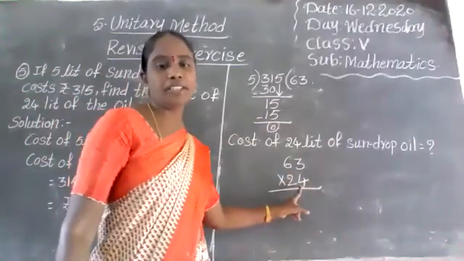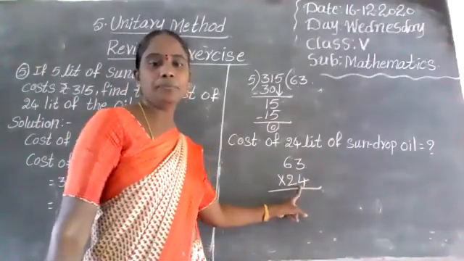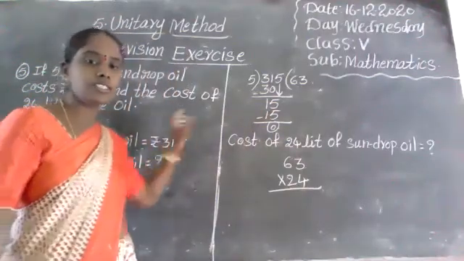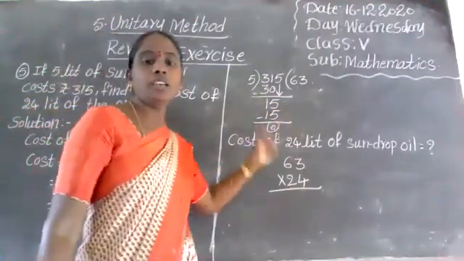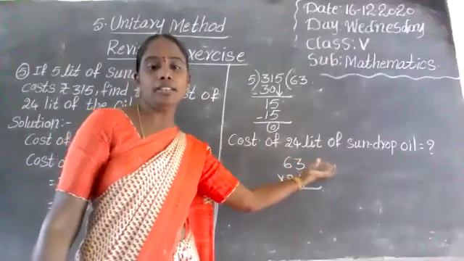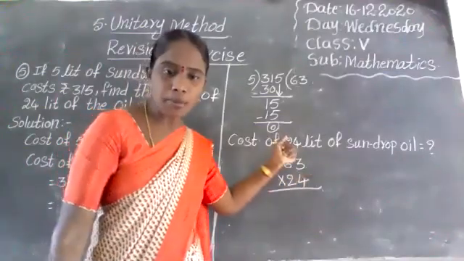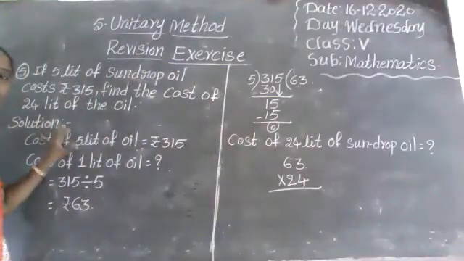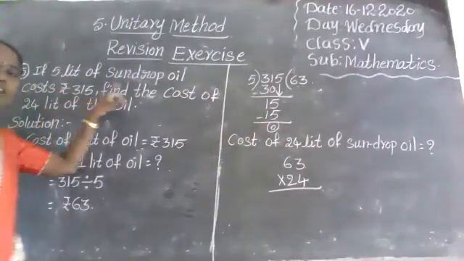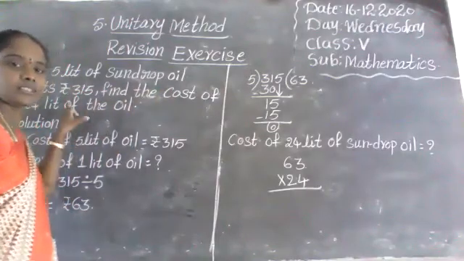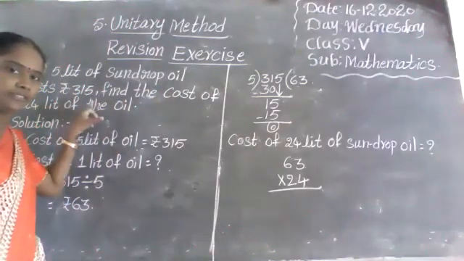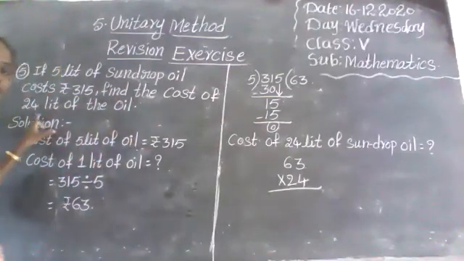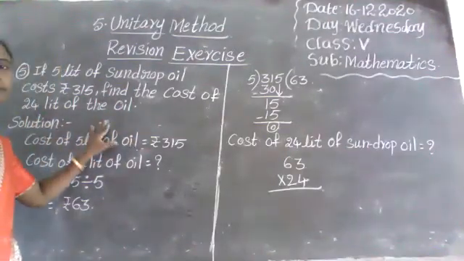63 into 24. Here 1 liter of oil cost is 63 rupees. Here 24 liters of oil. Listen, boy, once again I will explain. Here in the question, 5 liters of Sundrop oil cost is given. How much is given? 315 rupees. Find the cost of 24 liters of the oil.